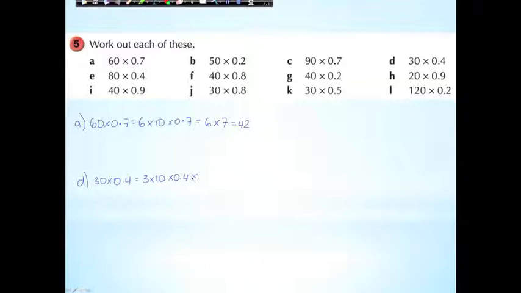So that's just 3 times 4, which is 12. Okay, if we try K, 30 times 0.5, I know that's going to be the same as 3 times 5, which is just 15.